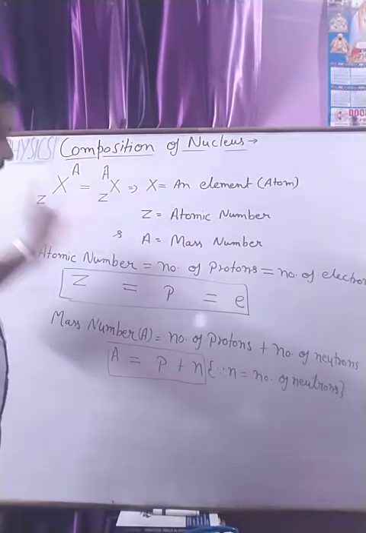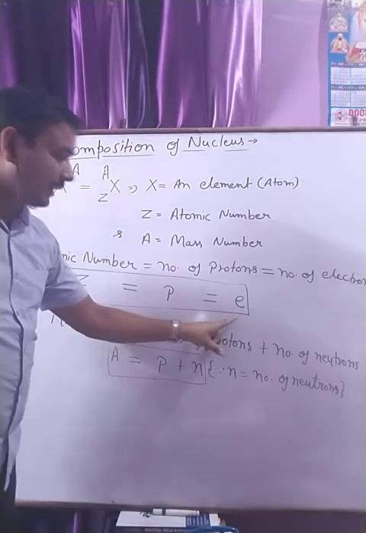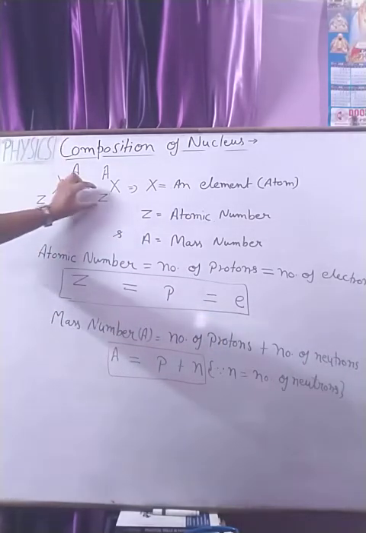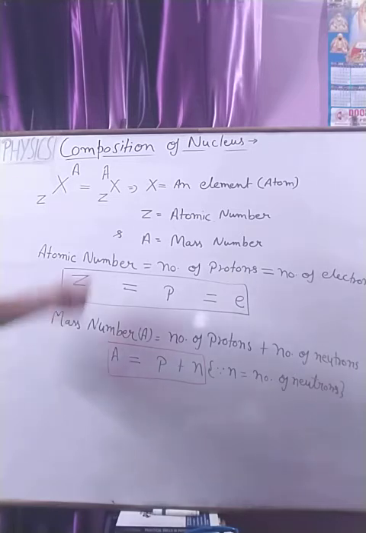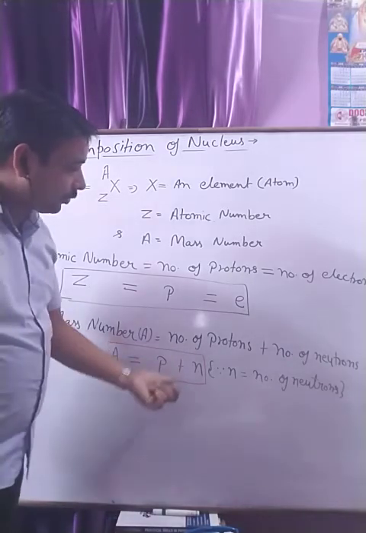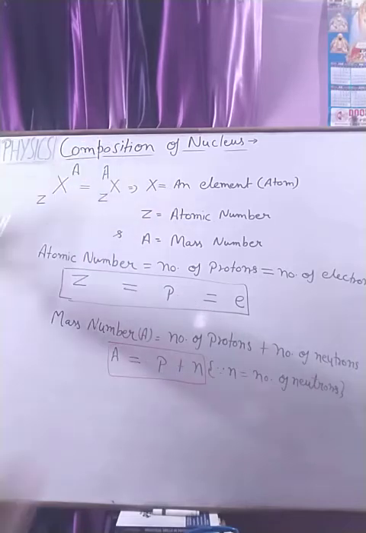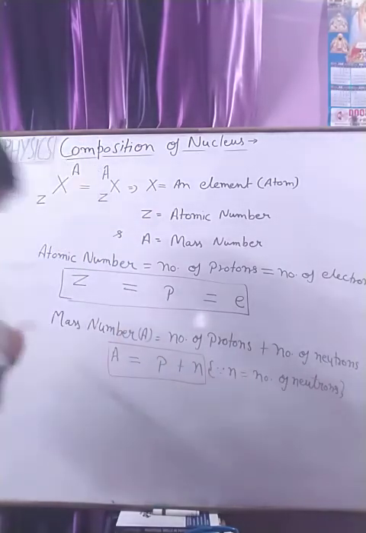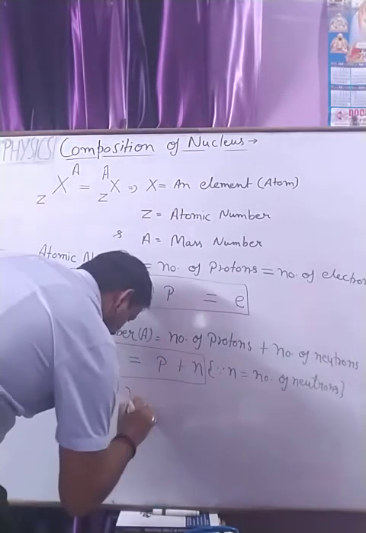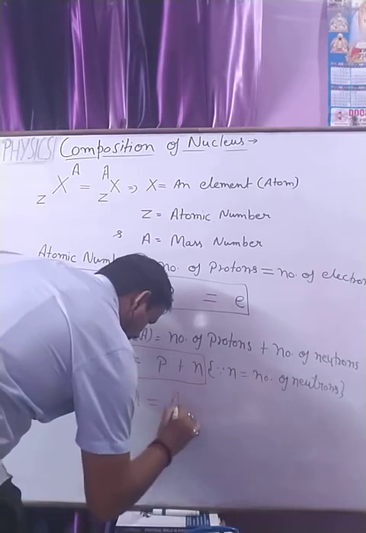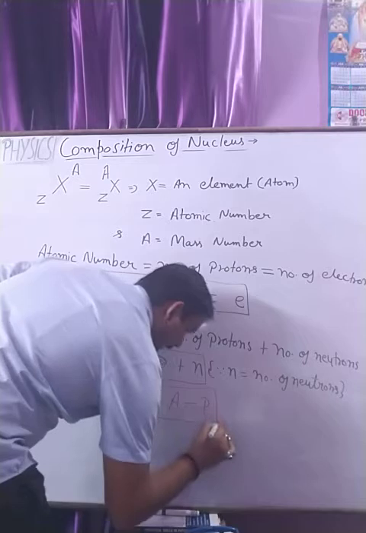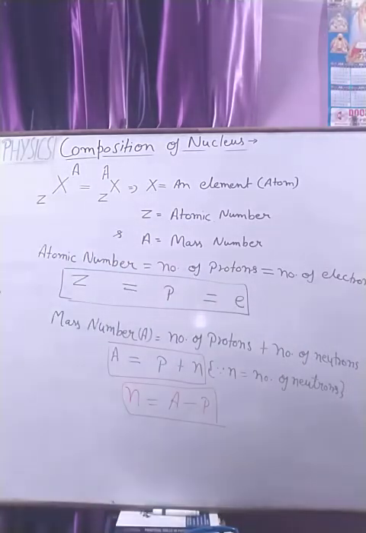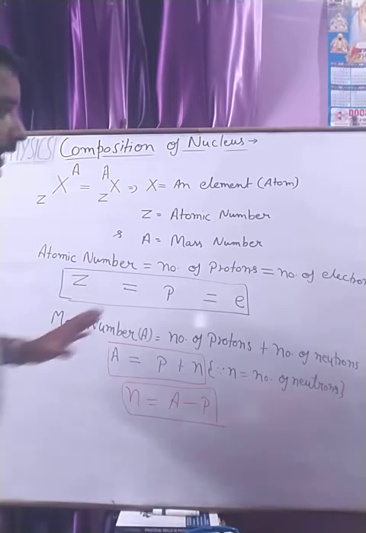We can calculate the number of protons and number of electrons on the basis of the atomic number, and we can calculate the number of neutrons from the mass number by subtracting the number of protons from the mass number. तो ये वाला तो हो गया हमारा composition of atom.